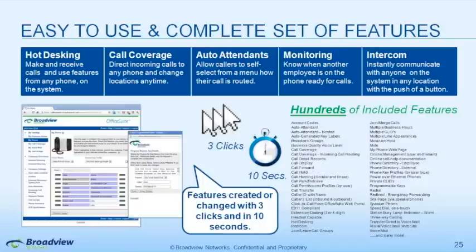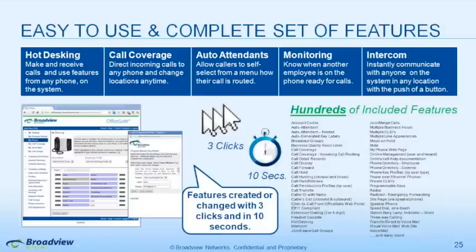Call coverage, of course: as an incoming call comes in, you have the ability to say what you want to happen with that call, how many rings you want it to ring before it goes to voicemail or to another person working in the practice or to an auto attendant. Auto attendants are added as an added benefit to the system because they're included in the standard offering.